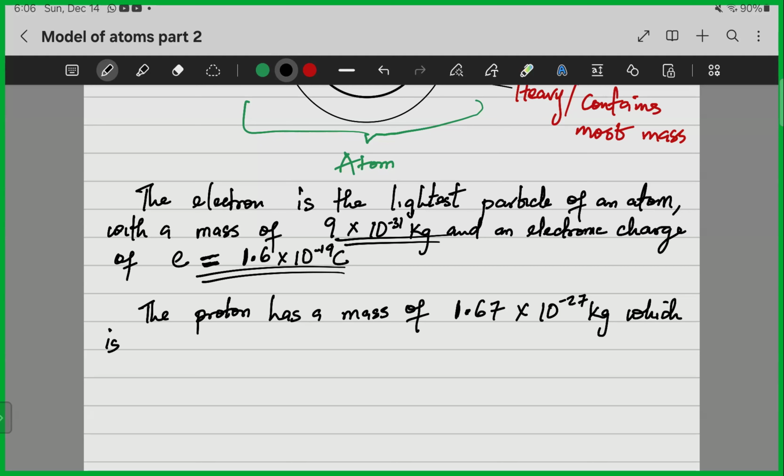It is over 1,836 times heavier than the mass of an electron.